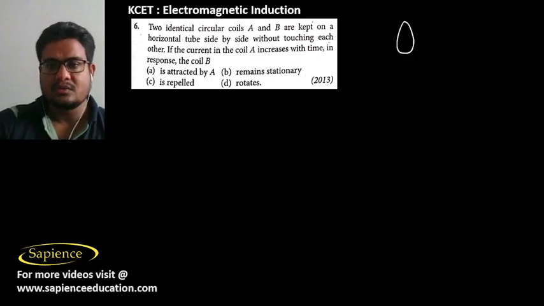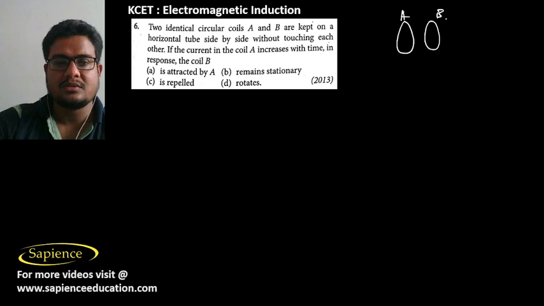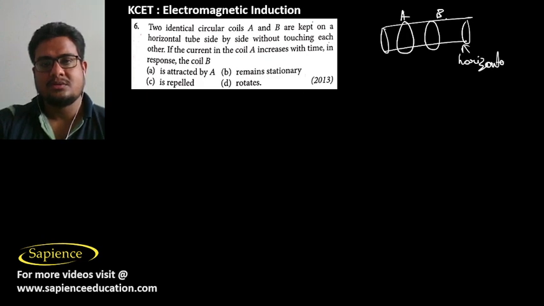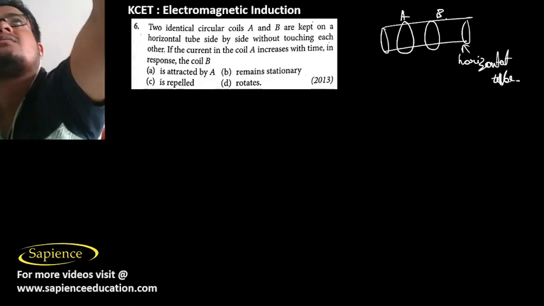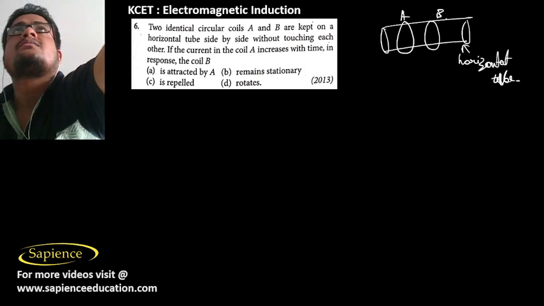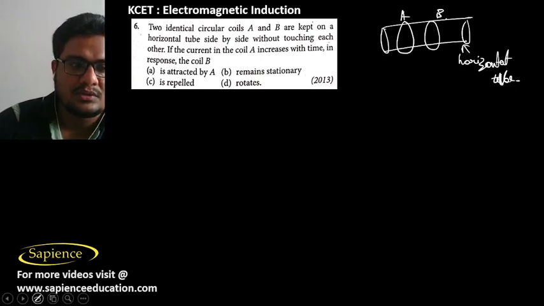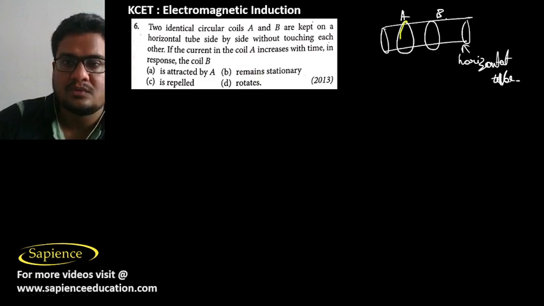So this is the horizontal tube, and on this tube two circular coils A and B are kept. They are not touching each other.